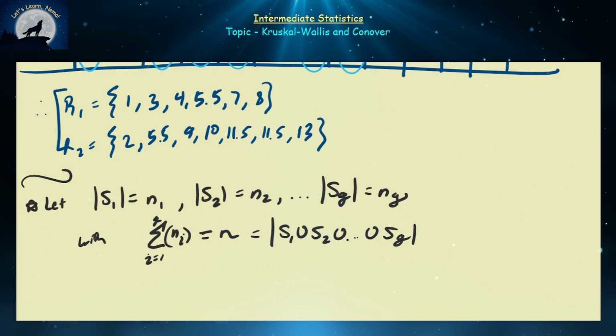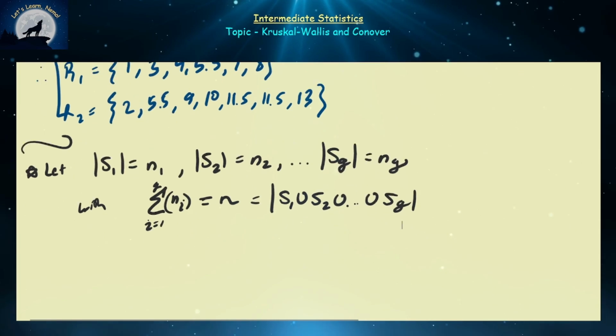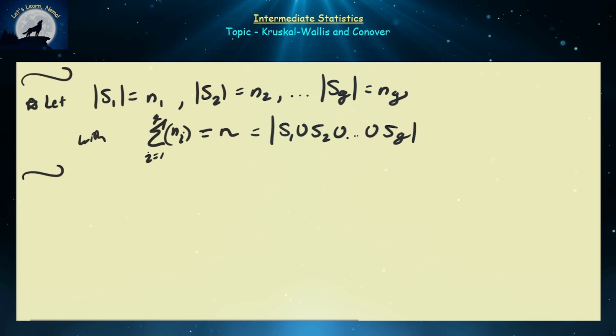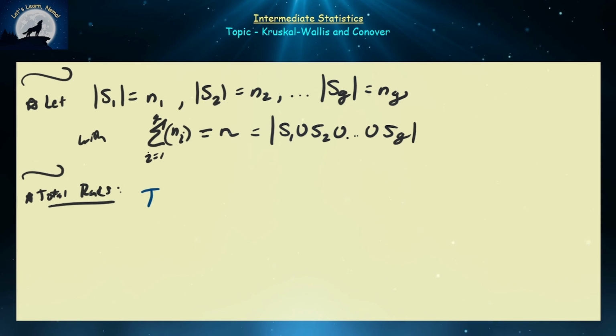Okay, so the next metric that we need to calculate is referred to as the total ranks. The total rank is going to be defined as follows, and I'm going to use capital T to denote it, and that's going to be equal to the sum from i equals 1 to NJ of the ranks of those particular groups.